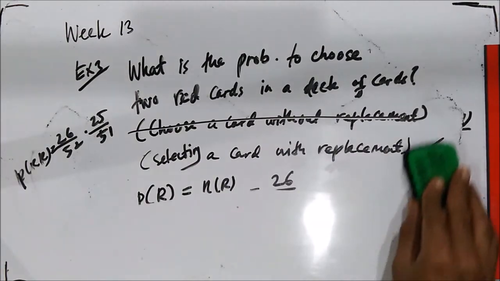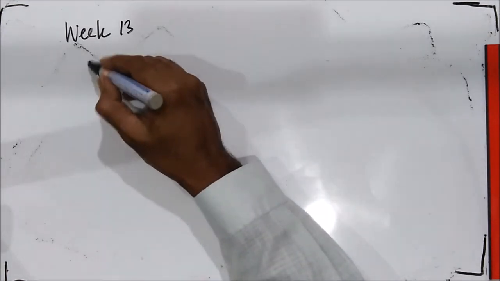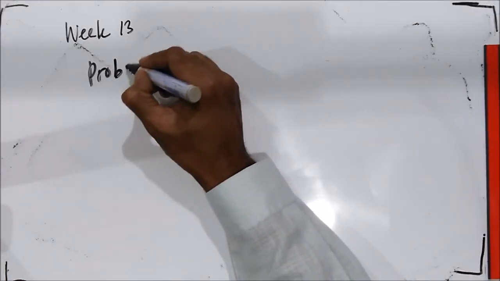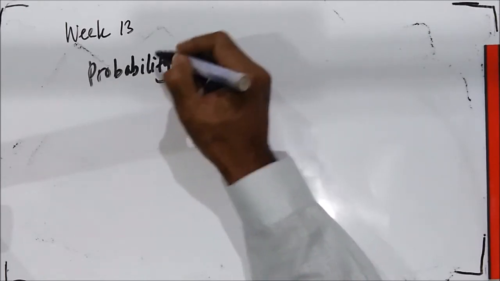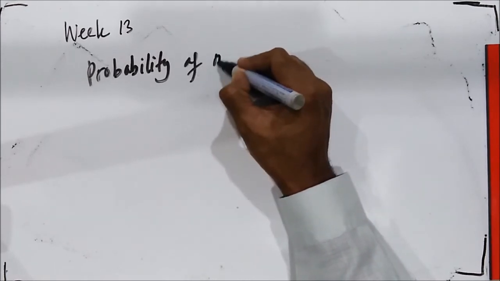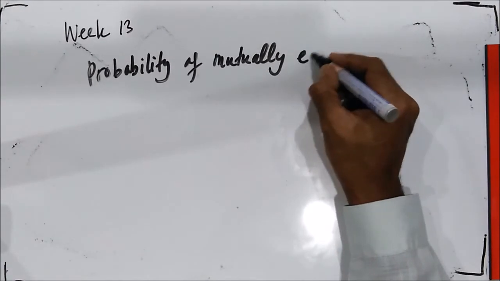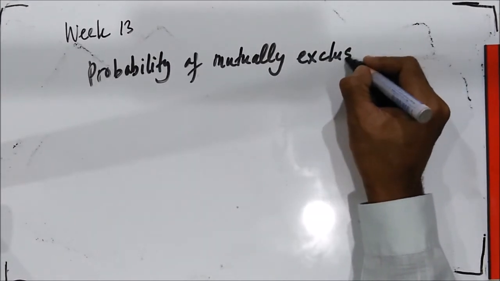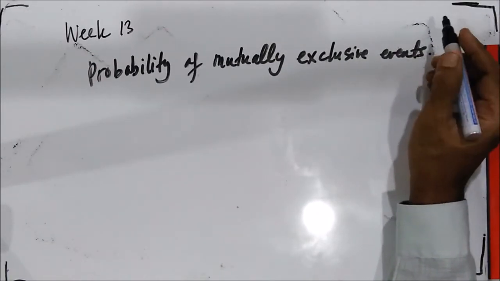Then we go to the next part, which is the probability of mutually exclusive events.